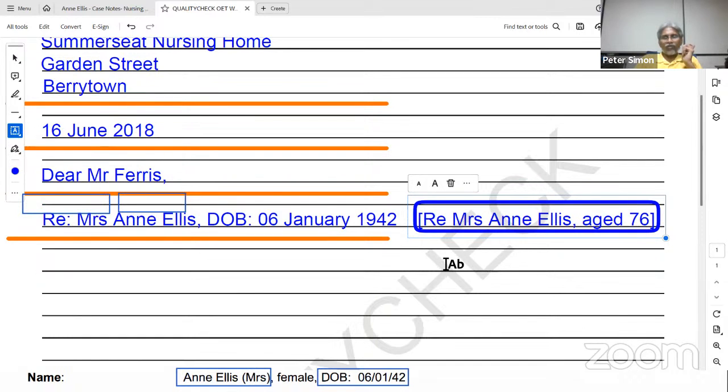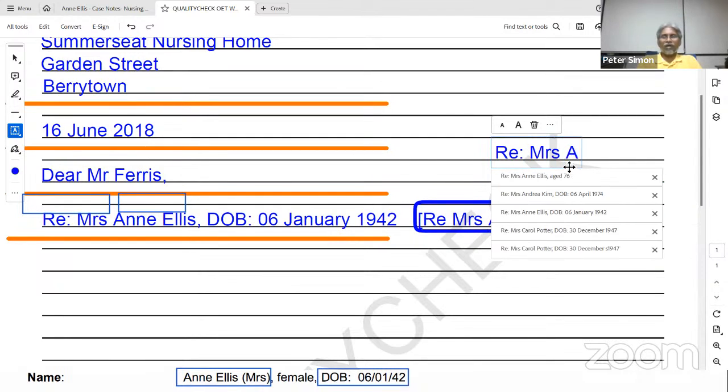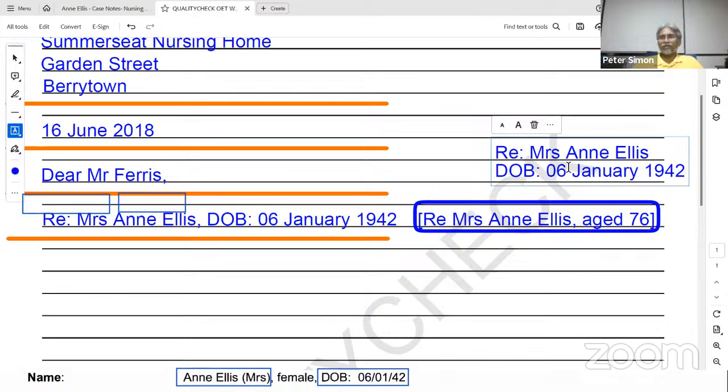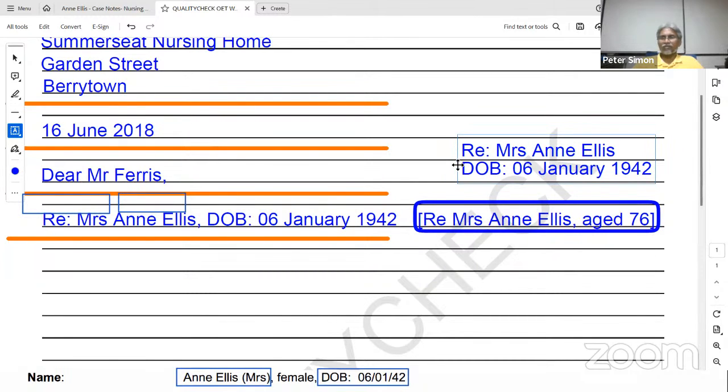Okay. So you have another option. Regarding, colon, Mrs. Annie Ellis. In the next line, date of birth, colon, 6th January 1942. Yeah, why not? You can also write like this.